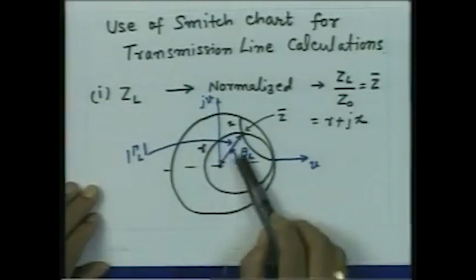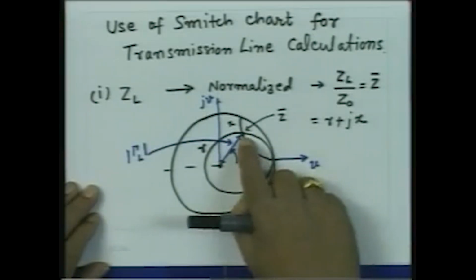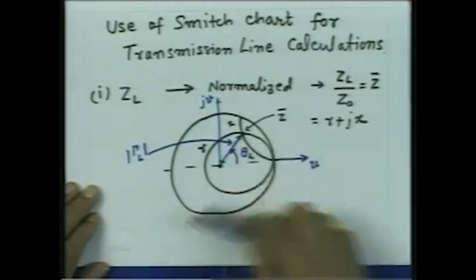One can have exactly opposite problems. Many times somebody might give you a reflection coefficient and you have to find out what is the corresponding load. So, the problem is very straightforward. Mark the point on the complex reflection coefficient plane, the magnitude is given to you, the angle is given. So, you can draw this point. Once you get this point, read off the circles which are passing through these points.